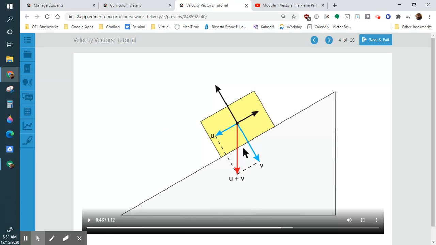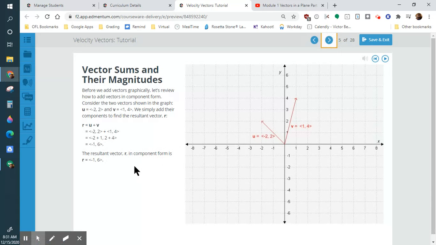As well as you can see vectors like this. It's a pretty cool video. Check it out. All right, so looking at this, if we're going to add vectors together, so if we have a force that's pushing it this way, and we also have another force pushing it this way, we're going to add these two vectors together to create what's known as R. So by adding this 2 and this 1 together, we're going to end up getting a different vector.